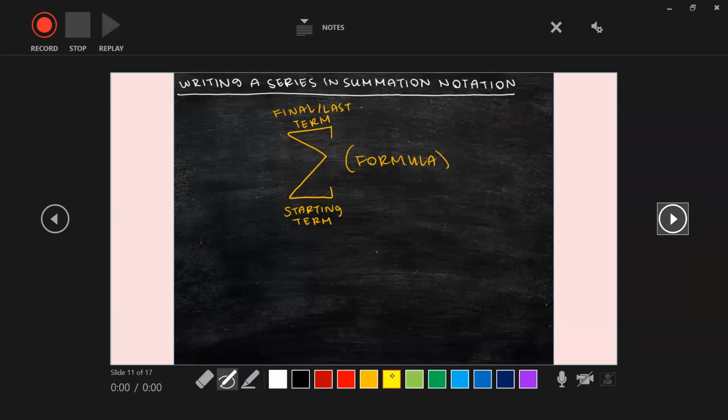So the really nice thing about this chapter is that we've already been doing this part over and over again. We've been creating formulas for the past like 4 sections. So we've got that down. So it's really not bad trying to build on top of that. So let's say that we've got this example. Let's say that we are asked to write this series in summation notation. That's where the 203 and the 207 came from. I'm so sorry.